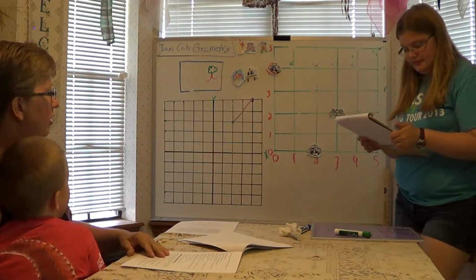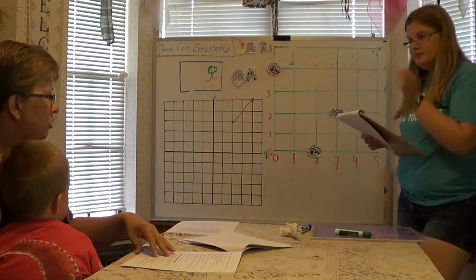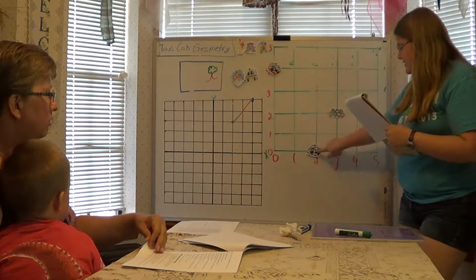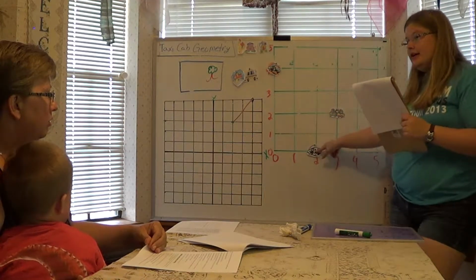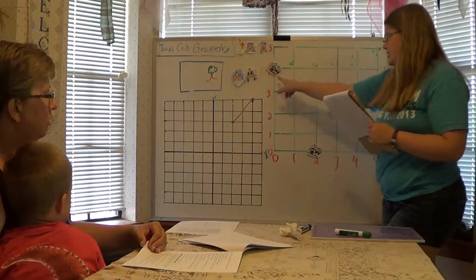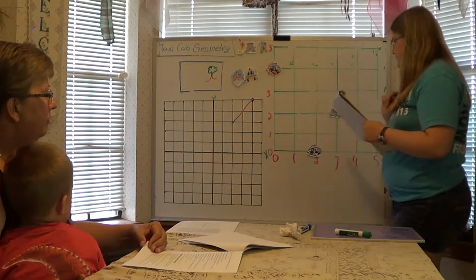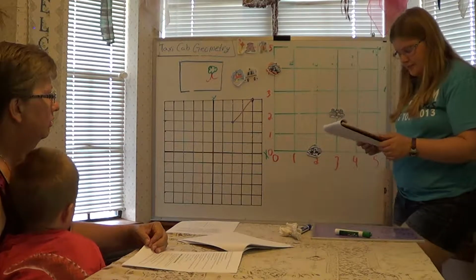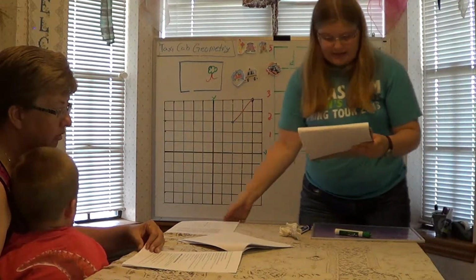The car at 0, 2, yes, because this car has to go how many blocks to get there? 3. And this car has to go how many blocks to get there? 5. Very good.